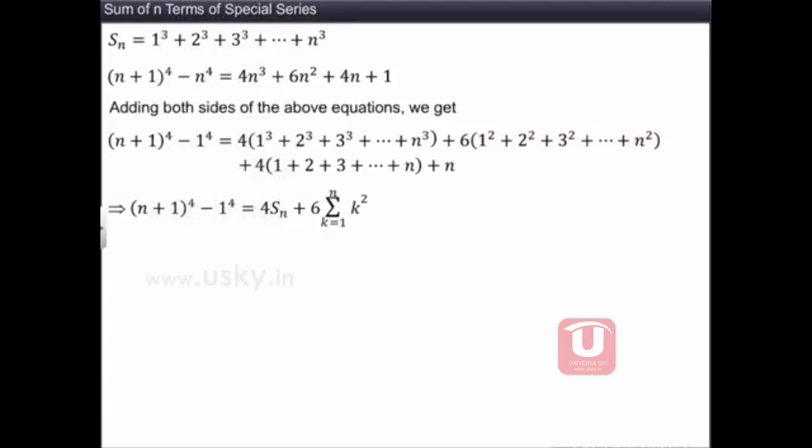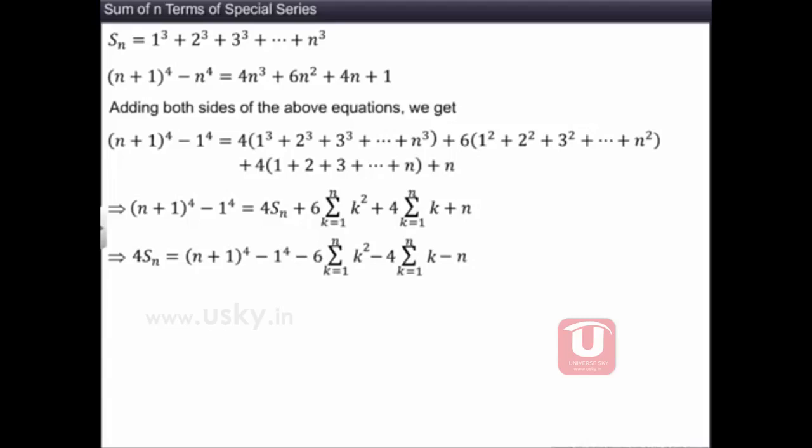Similarly, the sum of the first n natural numbers can be written as summation of k, k running from 1 to n. It implies that 4 into Sn is equal to n plus 1 whole raised to the power of 4 minus 1 raised to the power of 4 minus 6 into summation of k square minus 4 into summation of k minus n.